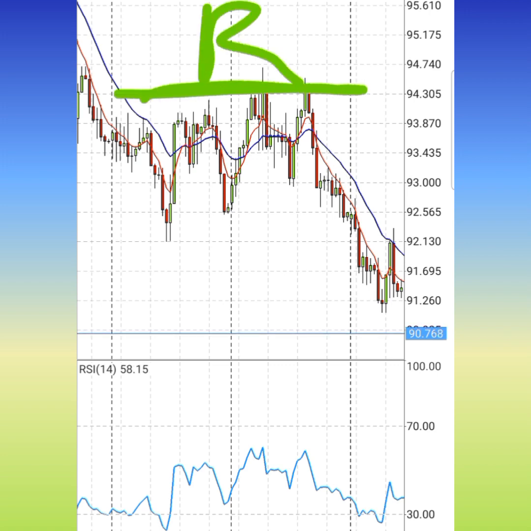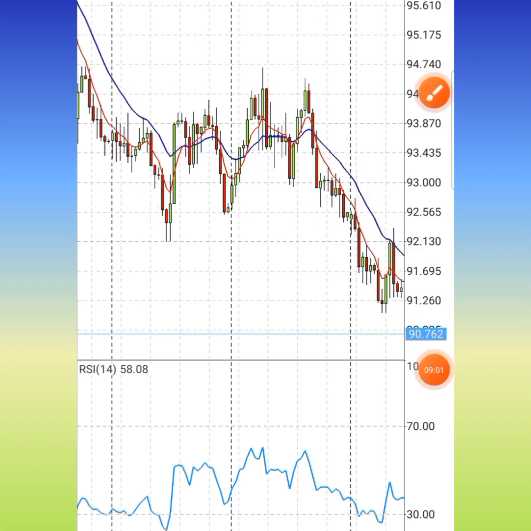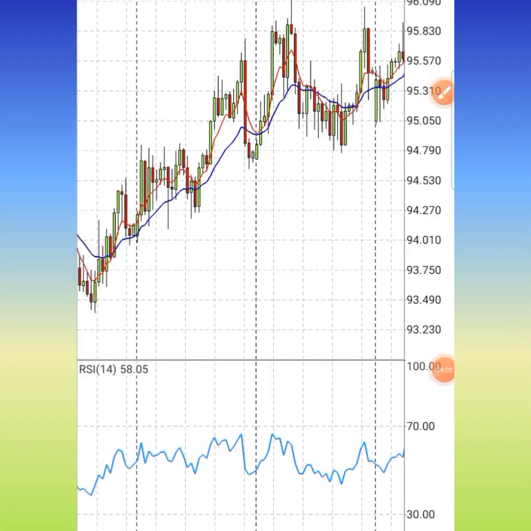Resistance level. This is a major resistance level. So market came here, bounced back, came here, bounced back, came here, and started moving down. So you see, this is the strategy that you can even use to capture a very big move in the market, a very big move in the market.